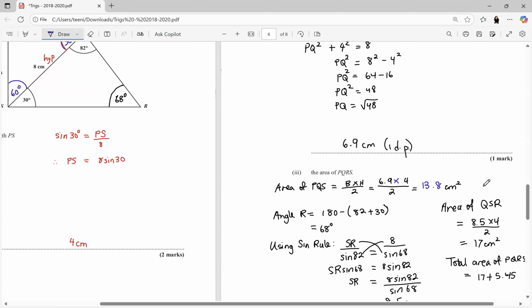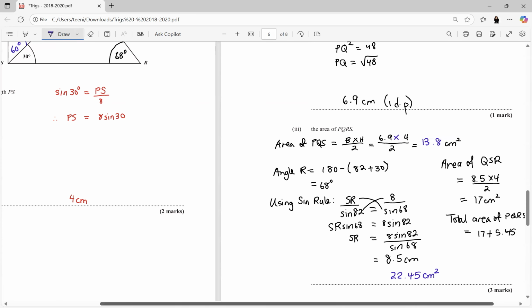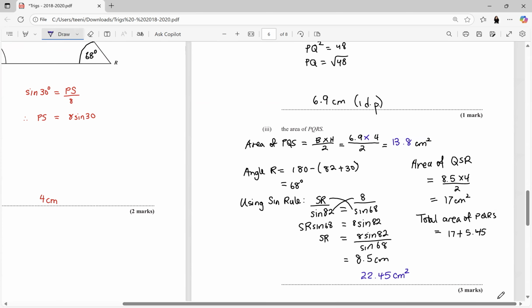So therefore, the total area would be 13.8 plus 17. Let me just make sure 8.5 times 4 divided by 2 is 17. It is. So 13.8 plus 17 gives me 30.8.